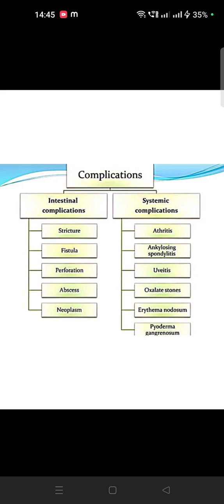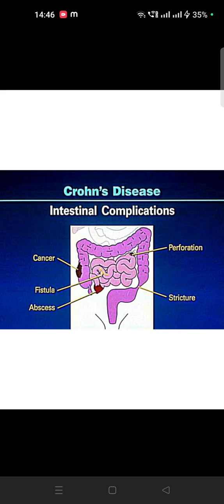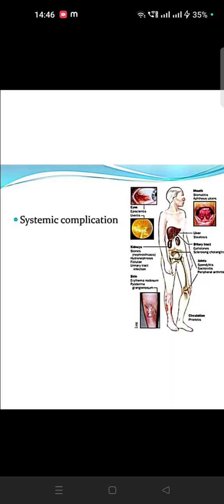What are the complications? Intestinal and systemic complications. Intestinal ones are stricture, fistula, perforation, abscess, and neoplasm. Systemic ones are arthritis, ankylosing spondylitis, uveitis, erythema nodosum, and pyoderma gangrenosum. Here in Crohn's disease the large intestine is inflamed, and fistula or abscess can form.